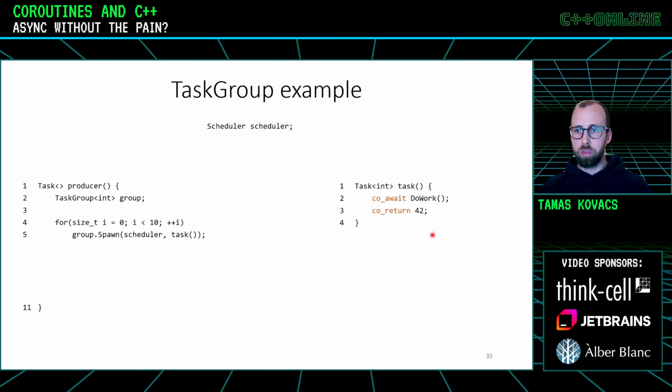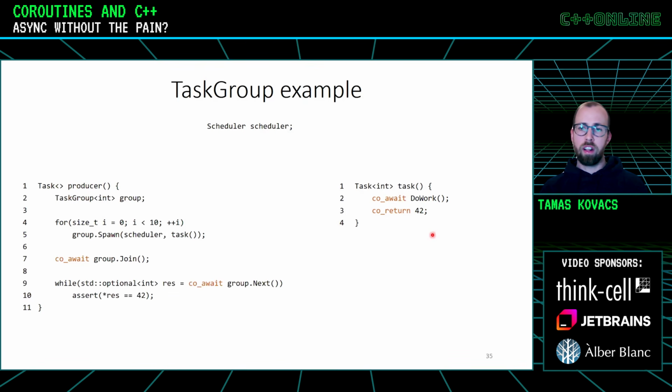Then we start 10 tasks concurrently on the provided scheduler. That's great. We join this task group and wait for the entire group to complete. Once the join is finished, we know that all the tasks are done, and we can safely consume their results with group next.